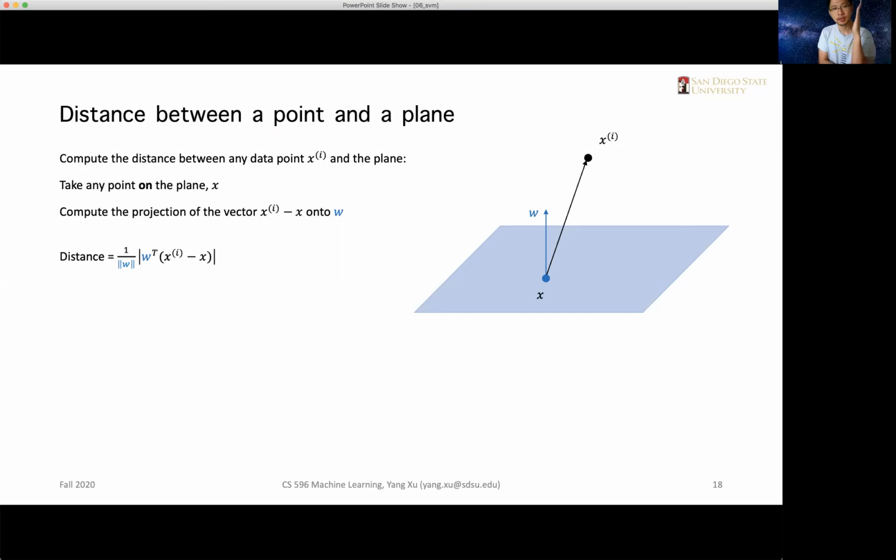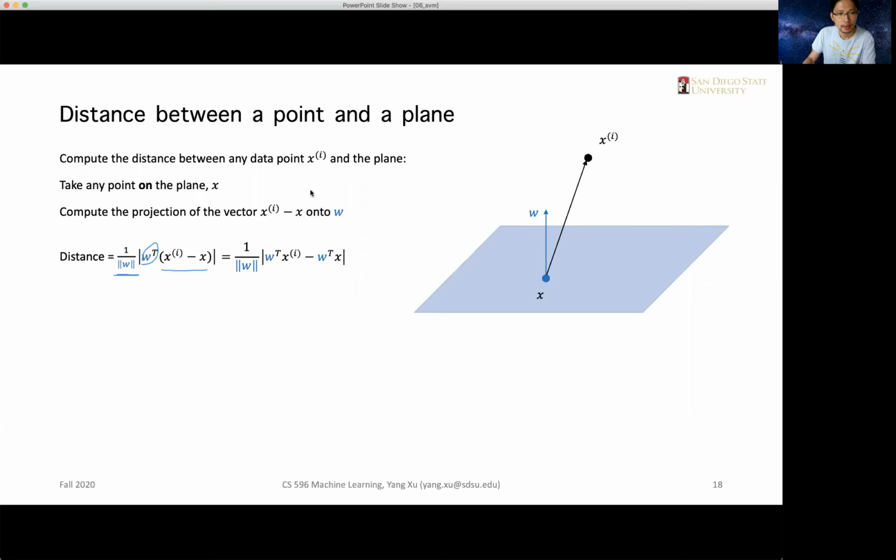So the length of the projection will be the distance from xi to the plane, okay? The distance, or the projection, is the dot product between w and xi minus x, and we normalize by the norm of w because we make w a unit length vector.